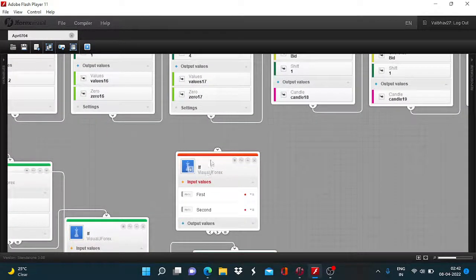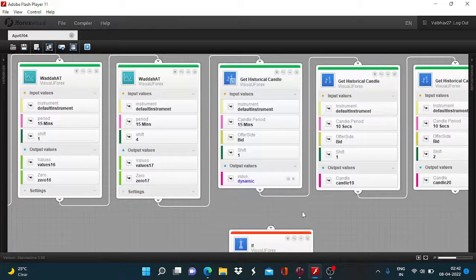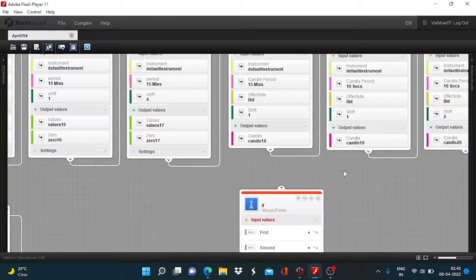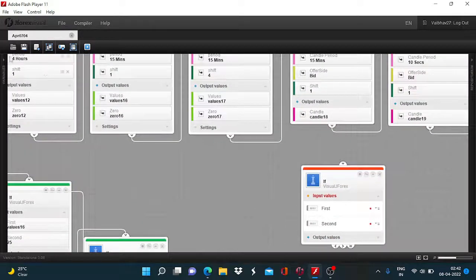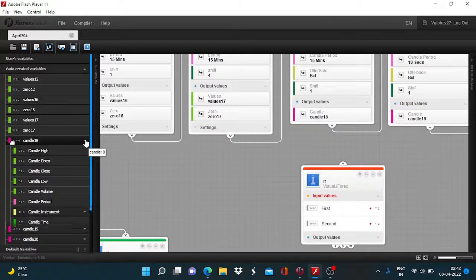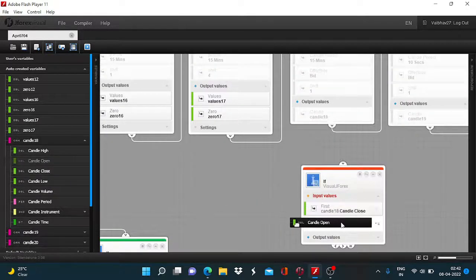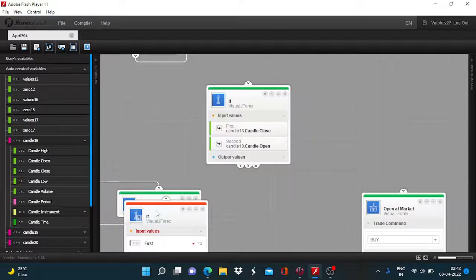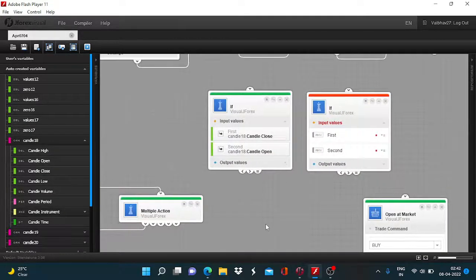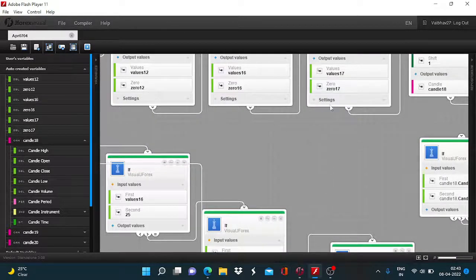Now we consider the price action data, and we need the closing value of candle 18 to be greater than the opening price. So we compare candle 18 candle close with candle open, and here first input greater than second input.